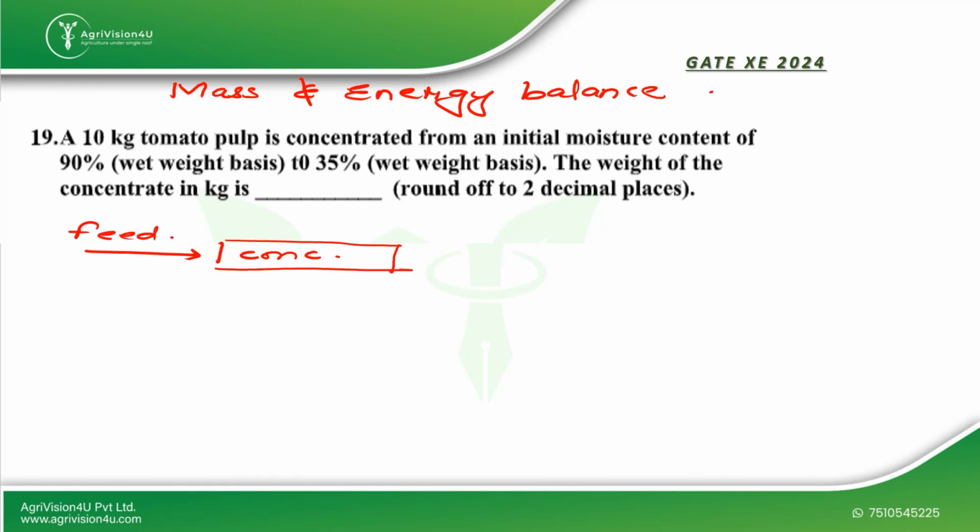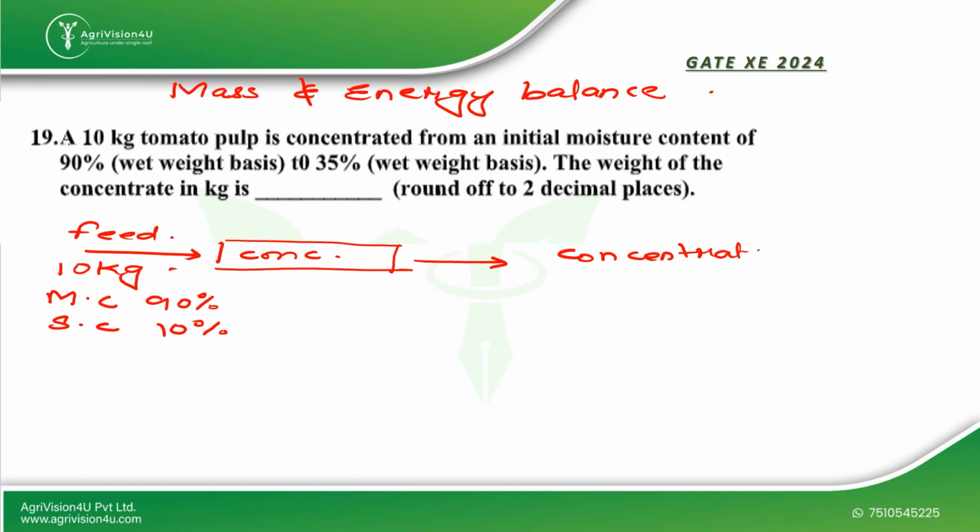The feed is 10 kg of tomato pulp. Moisture content is 90%, so solid content will be 10%. Now over here my concentrate will come out. Let the concentrate be X, the amount coming out, and the moisture content given is 35%.